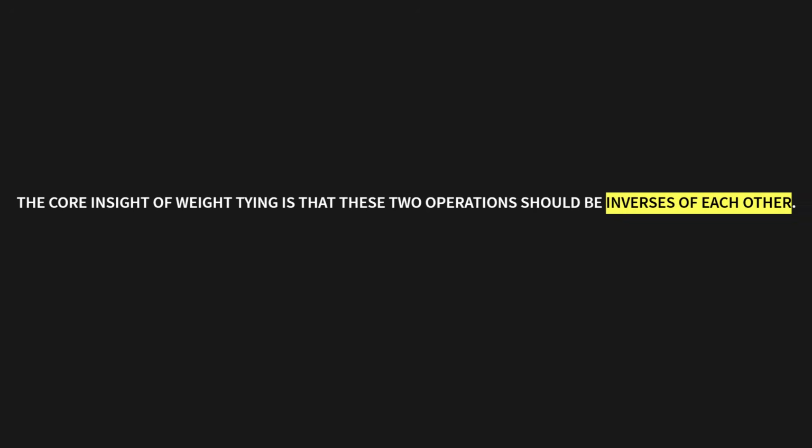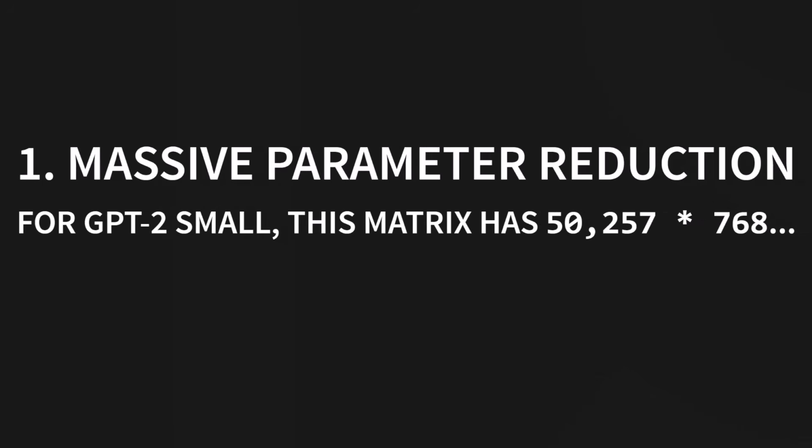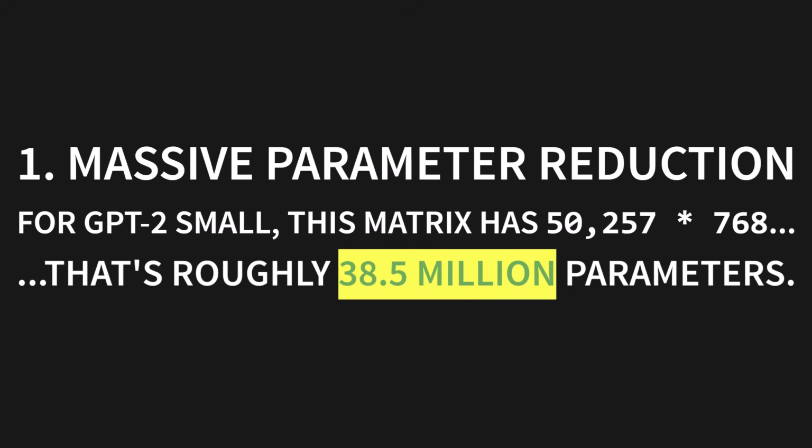The core insight of weight tying is that these two operations should be inverses of each other. The vector that represents the meaning of the word cat should be the same whether cat is an input or an output. It's just logical. And the benefits are huge. First, massive parameter reduction. For GPT-2 small, this weight matrix has 50,257 rows times 768 columns. That's roughly 38.5 million parameters.